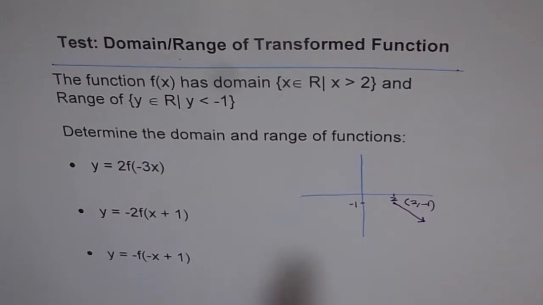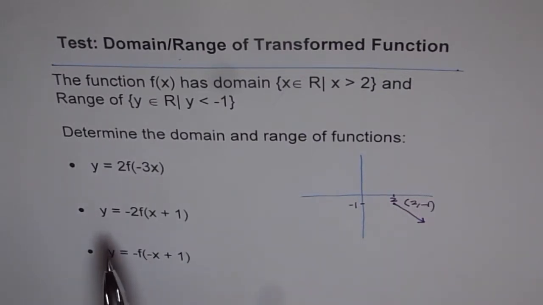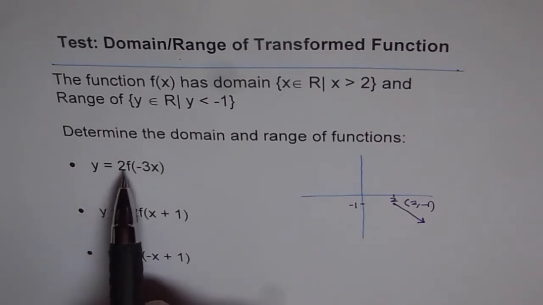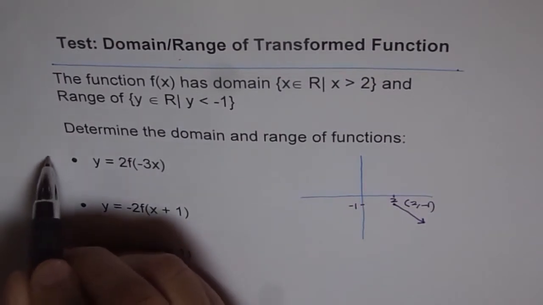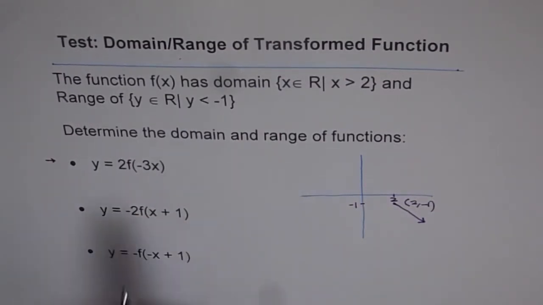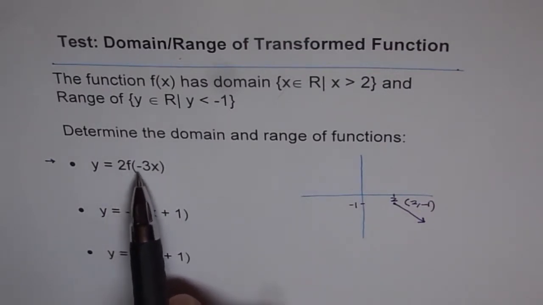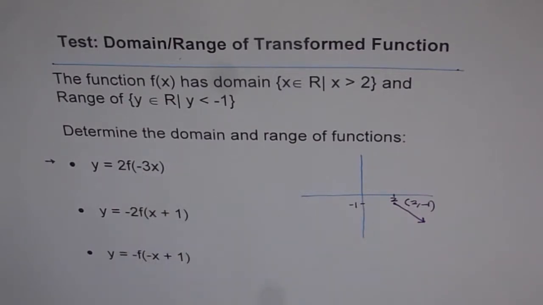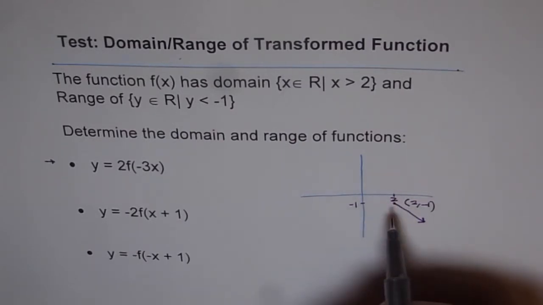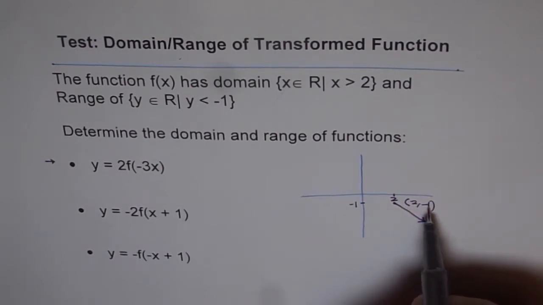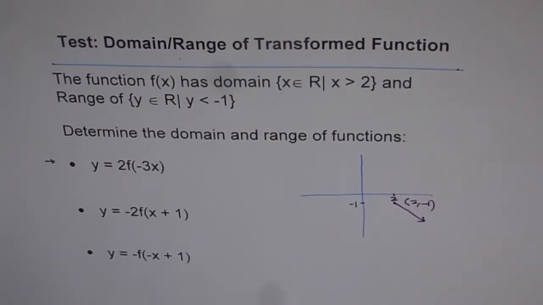Now after this, look into the transformation required. The very first one for us is y equals 2 times f of -3x, right? So let's consider this one. It is a vertical stretch by a factor of 2, a reflection on the y-axis, and a horizontal compression by a factor of 3. Apply these transformations here and see what happens. Simple as that. What will the vertical stretch by 2 do? We can transform the point.